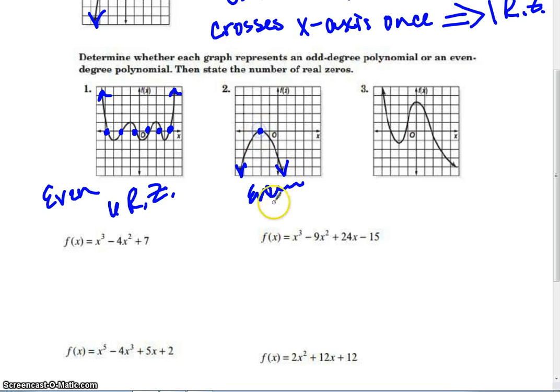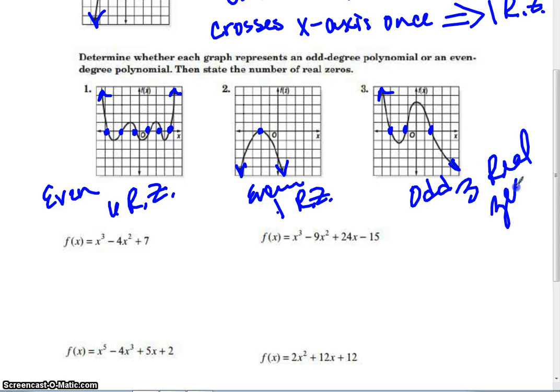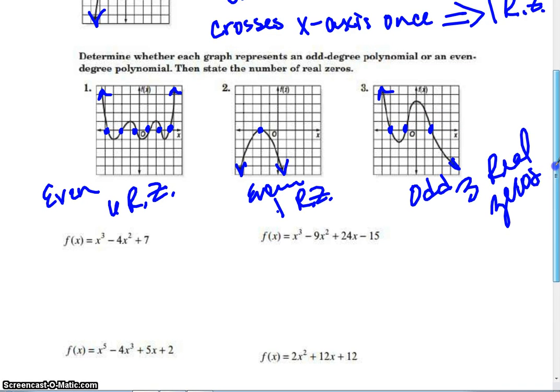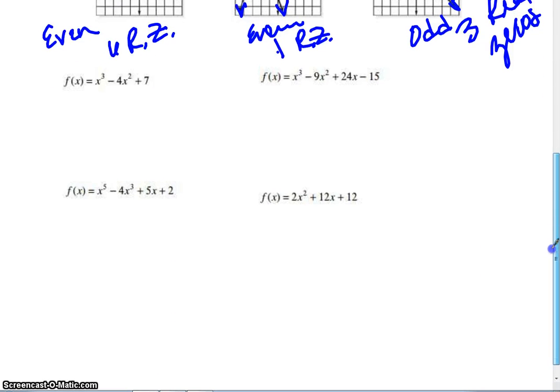It gets up here and touches it once, so you have 1 real zero. It goes up, and then it goes down. That's opposite directions, which tells me that it is an odd degree. I have 1, 2, 3 real zeros. It crosses the x-axis 3 times. So that's pretty simple when they just give you a graph.